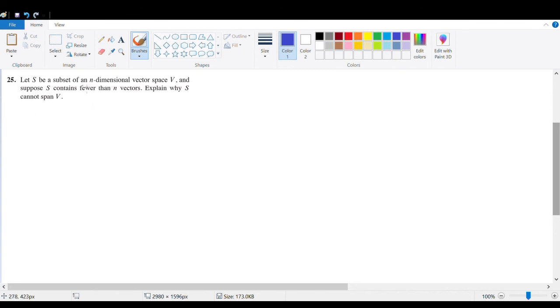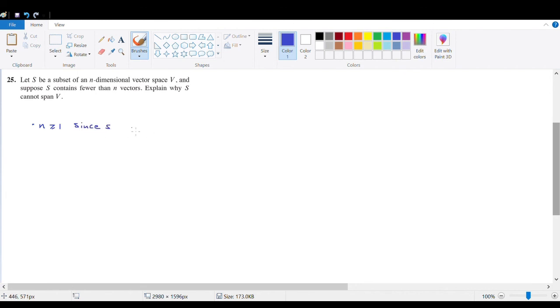First of all, since S is a subset of n-dimensional vector space V, that means n is greater than or equal to 1, because S cannot have fewer than one vector where V is not equal to 0, so n greater than or equal to 1. Let us write this one.